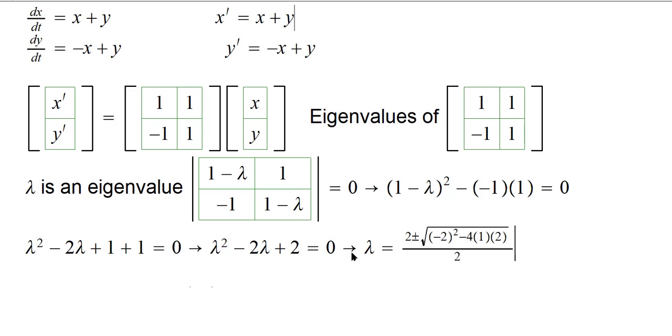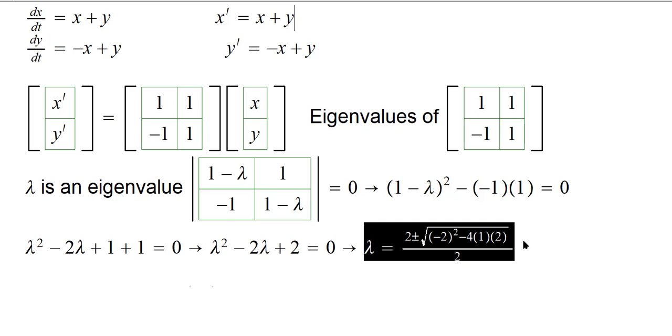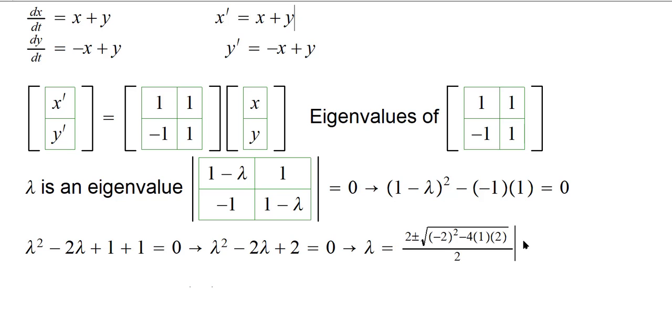So what we get then is that this whole thing equals 2 plus minus, here we get 4 minus 8, that is the square root of negative 4, divided by 2.